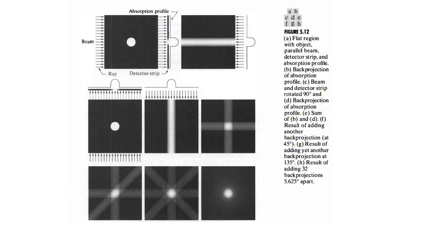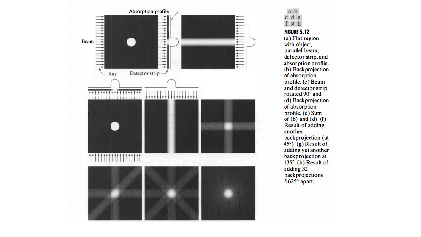And what is the E figure? It is the sum of B and D. That is the result of adding another back projection at 45 degrees. The next is the result of adding yet another back projection at 135 degrees, and this last figure represents the result of adding 32 back projections.